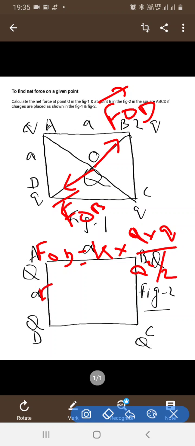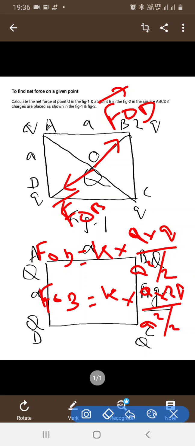And FOB we can write, again by the same method, K times charge at O, capital Q, multiplied by charge at B, 2Q, upon OB square, that is A square upon 2. So here we see FOB is greater than FOD.